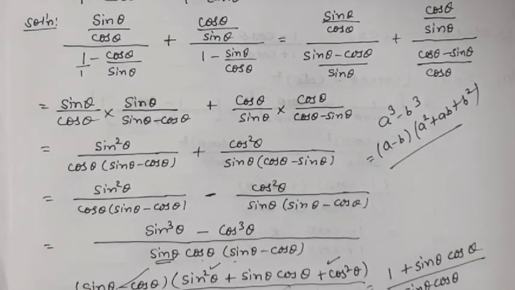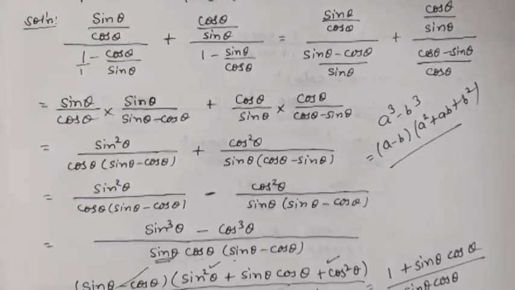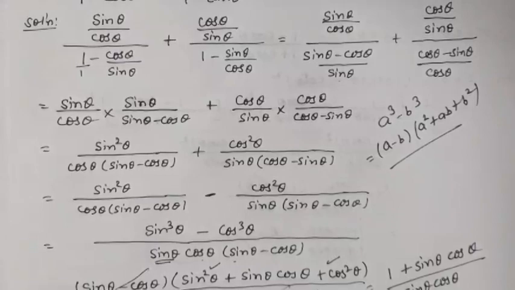Okay, now I am separating: 1 upon sin theta cos theta plus sin theta cos theta upon sin theta cos theta. Okay, so can I write, this is 1 upon sin theta, this is your cosec theta, 1 upon cos theta is sec theta, and this cuts with this, plus 1.